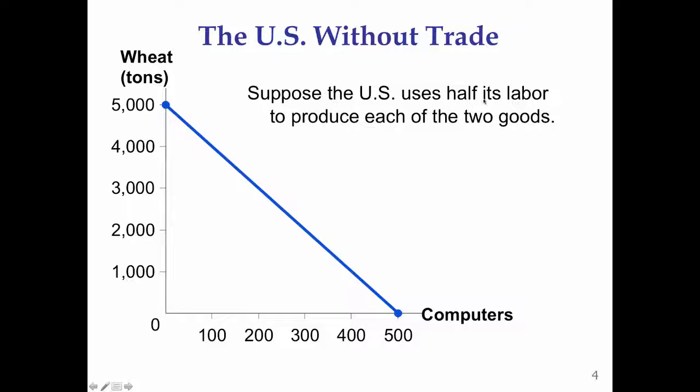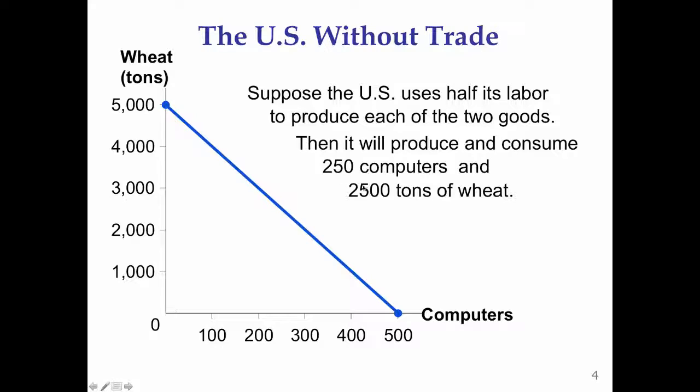So half of its labor produces wheat and the other half will produce computers. And if it did that, then it would produce 2,500 tons of wheat and 250 computers. So that would be a point right there in the middle. Basically, I'm just picking a point in the middle of the PPF. It's efficient because it's on the PPF, and we're going to assume that's what the US does if it doesn't trade with the UK.